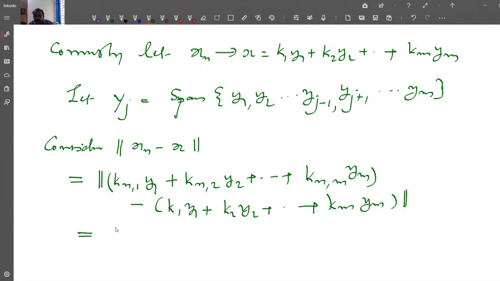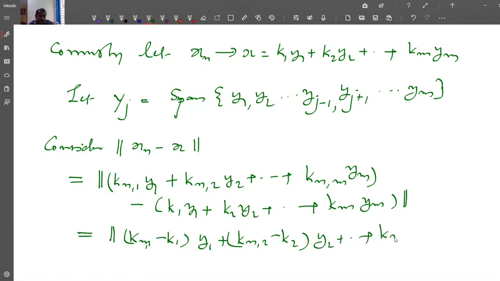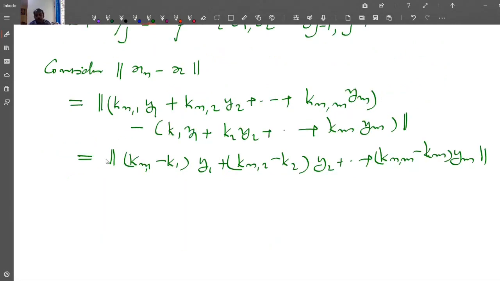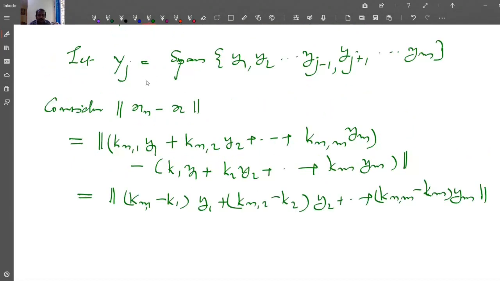So that is equal to norm of (kn1 minus k1) y1 plus (kn2 minus k2) y2 plus etc. plus (knm minus km) ym. And we have all the elements except (knj minus kj) yj belongs to Yj.